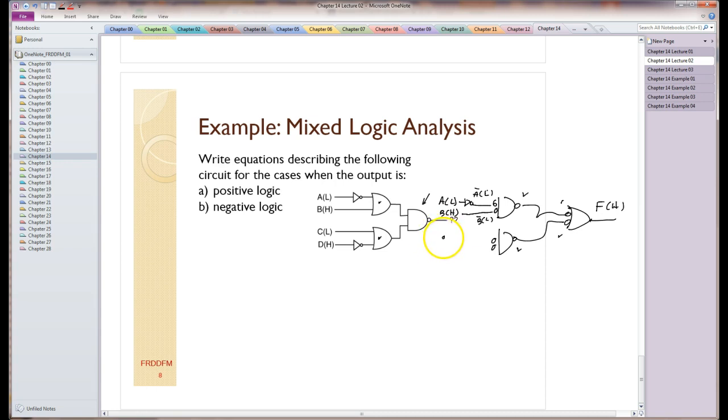And C sub low is negative logic, which is what this thing expects, so I don't have to do anything to that. And D sub high isn't in the right form, so I'm going to rewrite this as D naught sub low. Okay, so once again, these gates here expect negative logic inputs. So there's negative logic, negative logic, negative logic, negative logic. Once I do that, I can read off the answer.